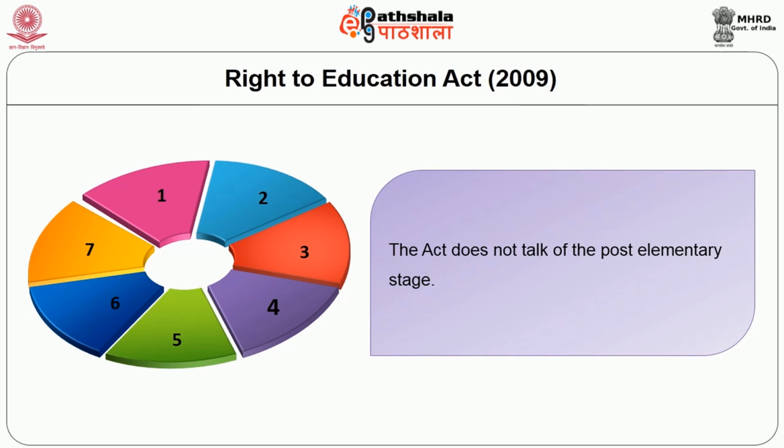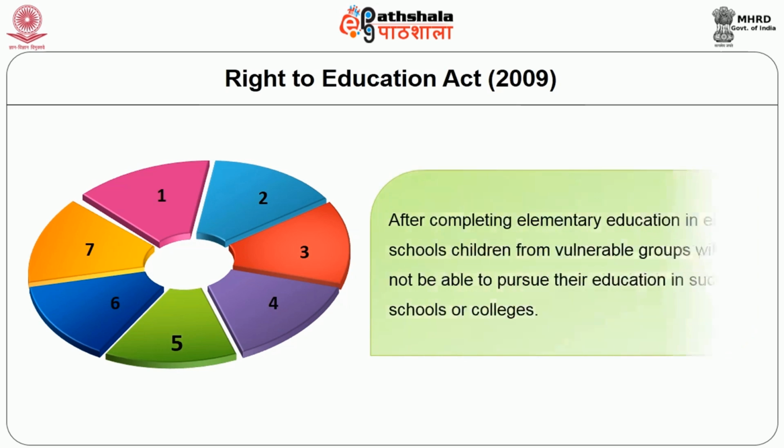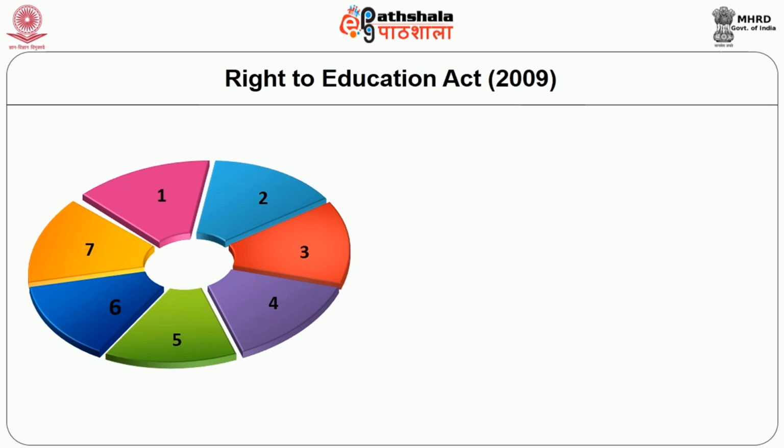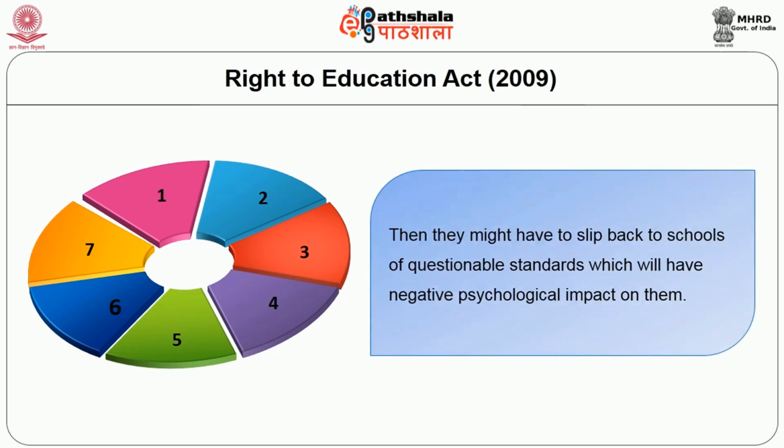This Act does not talk of the post-elementary stage. After completing elementary education in elite schools, children from vulnerable groups will not be able to pursue their education in such schools or colleges. Then they might have to slip back to schools of questionable standards, which will have a negative psychological impact on them.